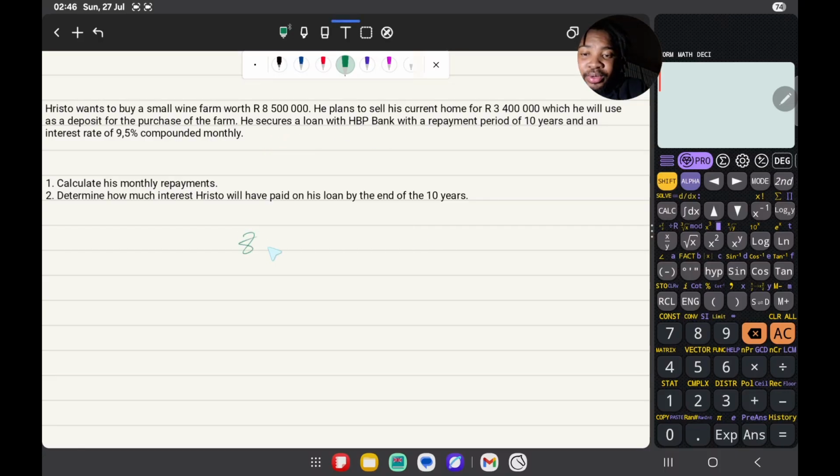So we can just say 8.5 million minus 3.4 million, and that is going to be 5.1 million. So this is the loan that the guy actually took, and we need to calculate the monthly repayment.